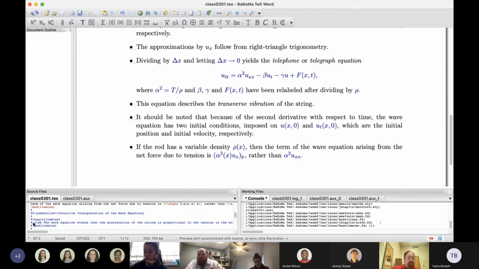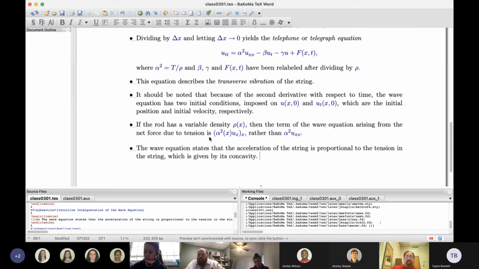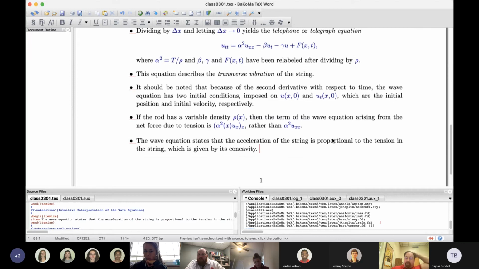Now, the way we can interpret the wave equation is that the acceleration of a string is proportional to the tension, and that is described by the concavity because of the second derivative with respect to x.